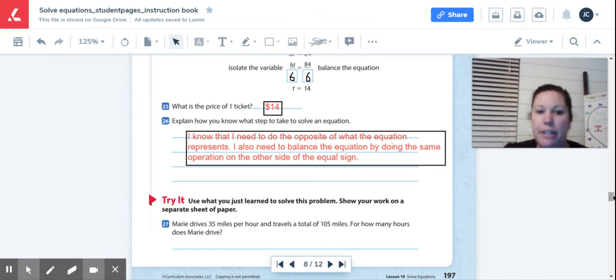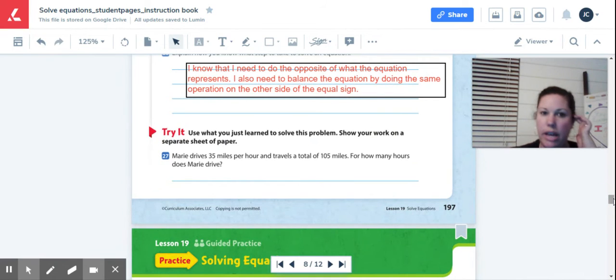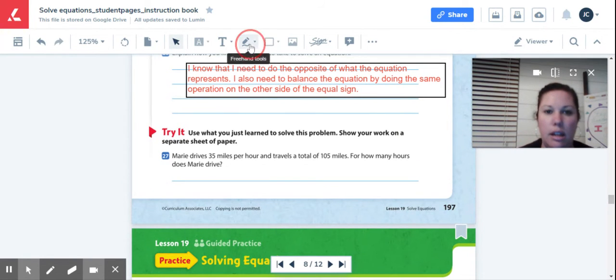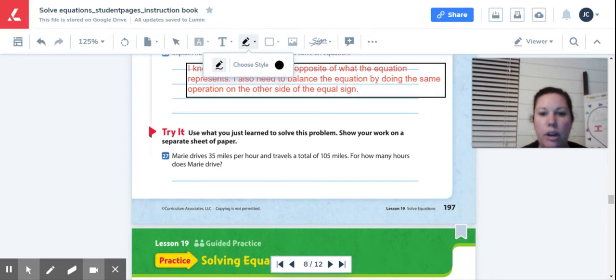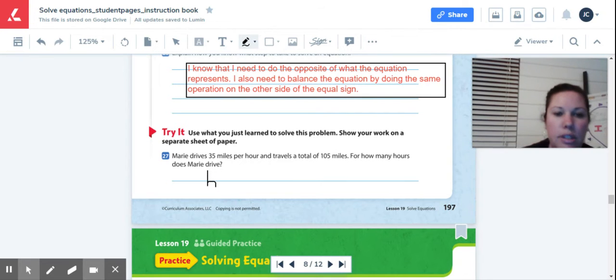All right, let's try a practice problem here. It says, Marie drives 35 miles per hour and travels a total of 105 miles. For how many hours does Marie drive? Let me roll this down a little bit. Okay, so let's represent, we're looking for how many hours Marie drives. So we're going to use H to represent how many hours she drives.